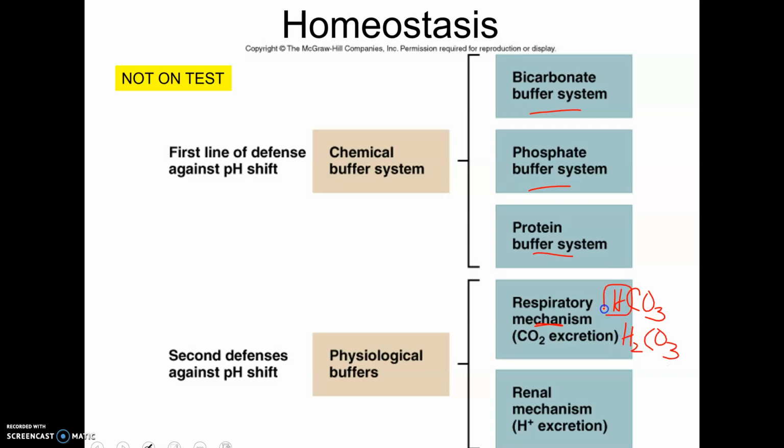So carbon dioxide levels can affect hydrogens, or acidity and alkalinity. And renal, that's your kidneys. So you can actually pee out extra hydrogen ions. So there's a lot of things that your body would do to prevent your pH from going too low or too high and maintain homeostasis.